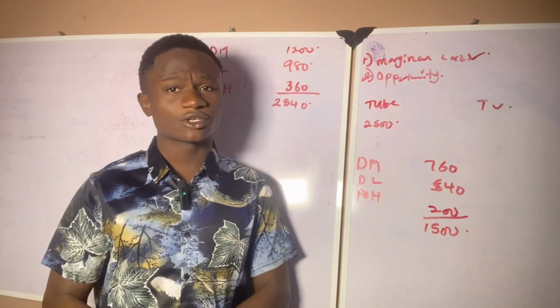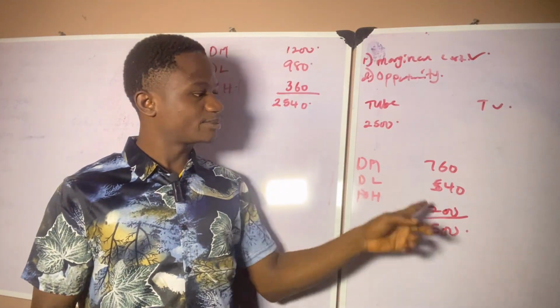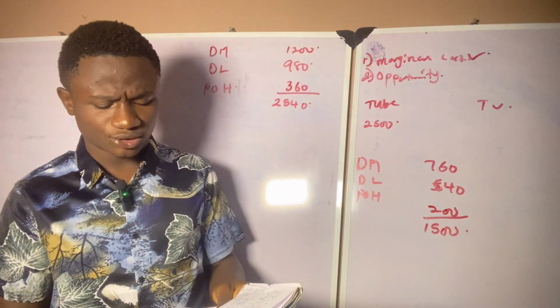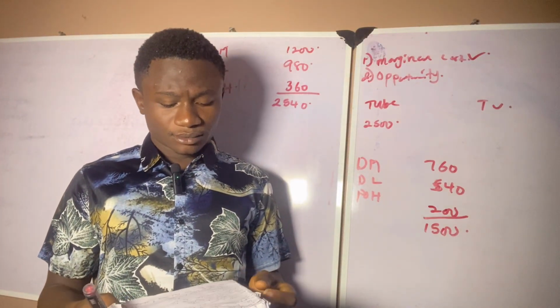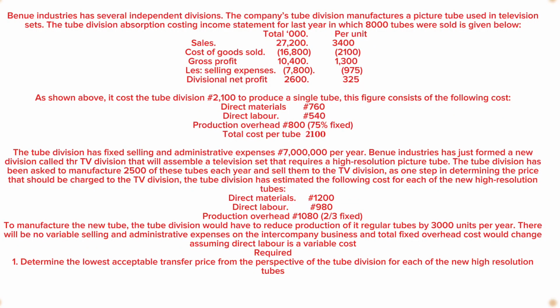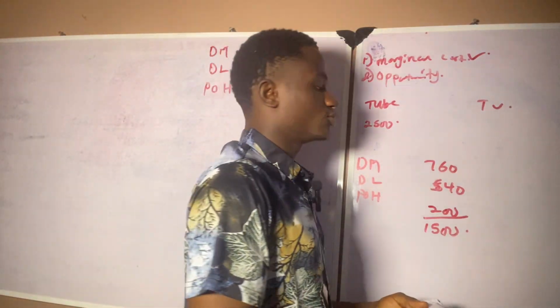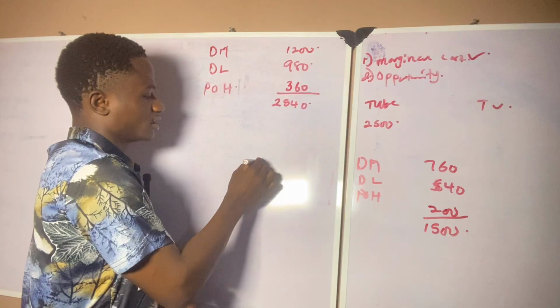Let's see if there are any other costs that we need to add to this. Let's see. If you look at the question, okay, I think I can see one. In the estimate, they told us that selling and administration expenses is 7,800, or 7.8 million. Well, let's shorten it to just have something like 7,800.